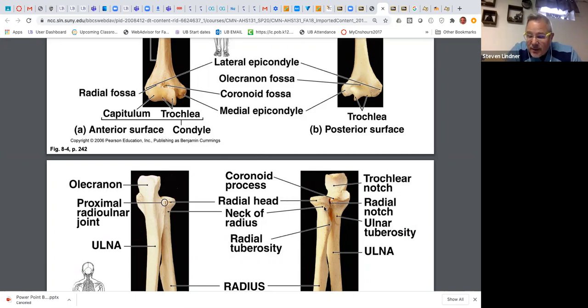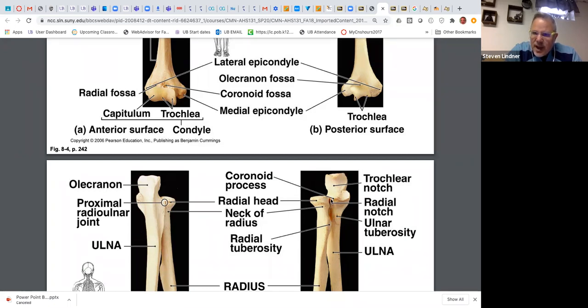It is that articulation. The junction between the trochlear notch and the trochlea, there's no supination and pronation that happens between the ulna and the humerus. It's a lock joint. But this beautiful articulation here, if you look at the proximal radius and the proximal ulna, right in here, there's a radial notch.